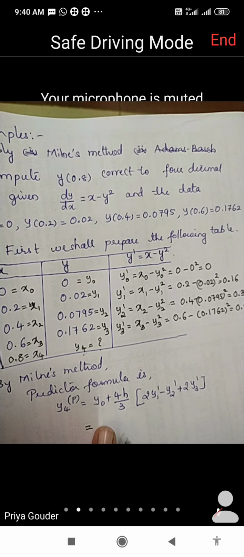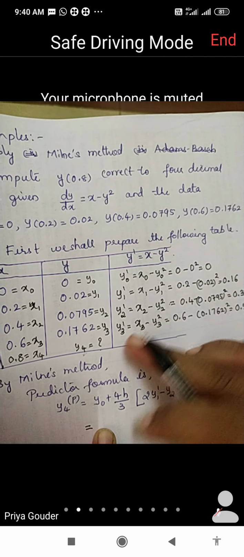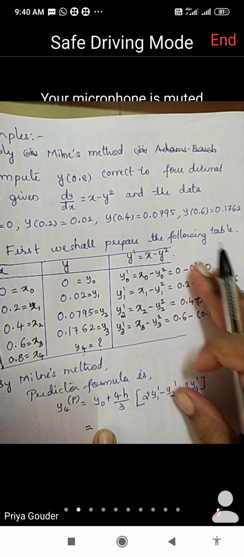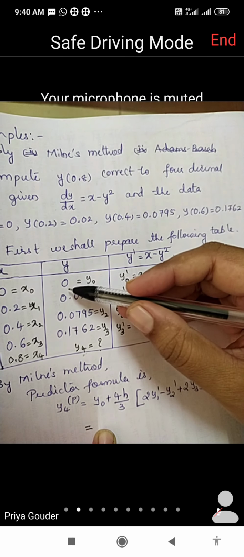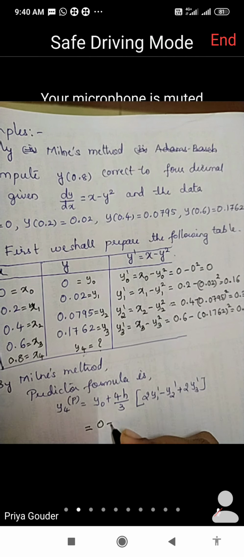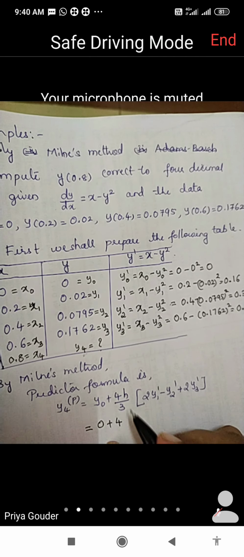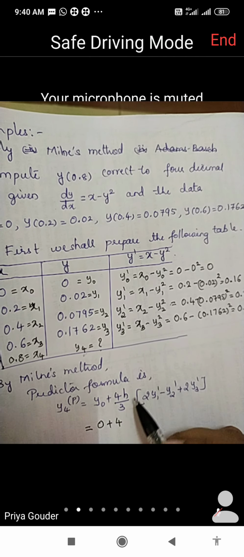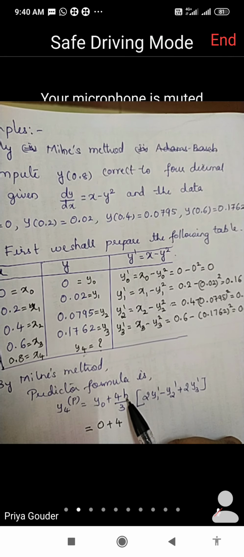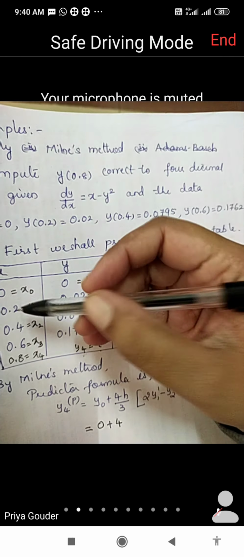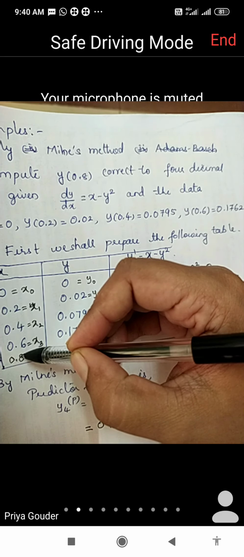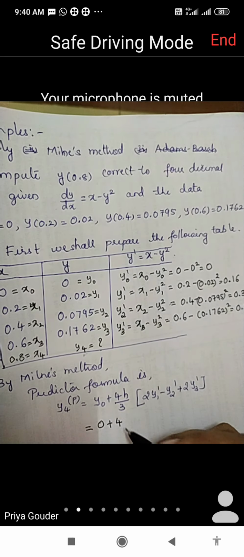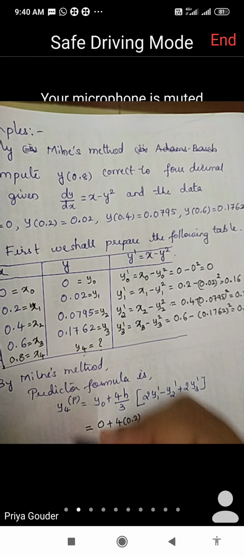So what is y naught? All the values are available in the table except one value, h. What is y naught given? This is nothing but 0 plus 4 into what is h? H is the step size. So what is the common difference here? 0.2 is the same difference which has to be there.